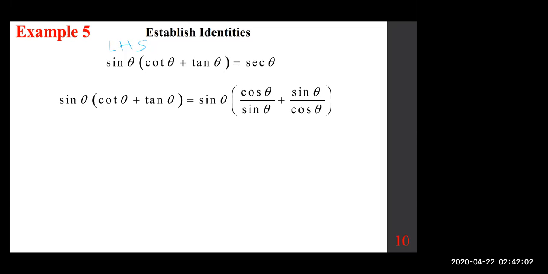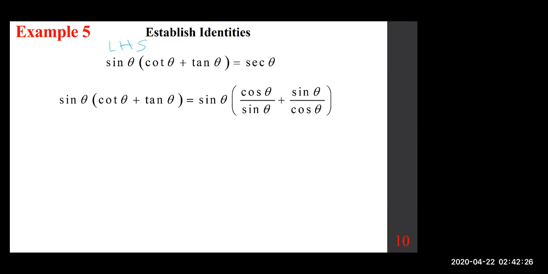So we have sine theta cosine theta as the common denominator, and cosine squared plus sine squared as the numerator.